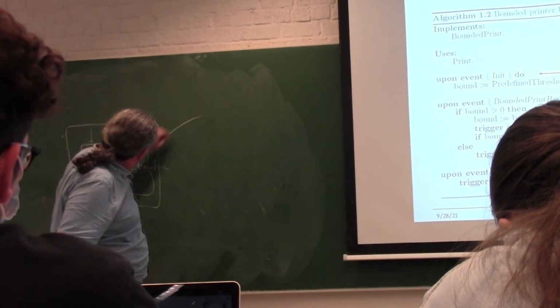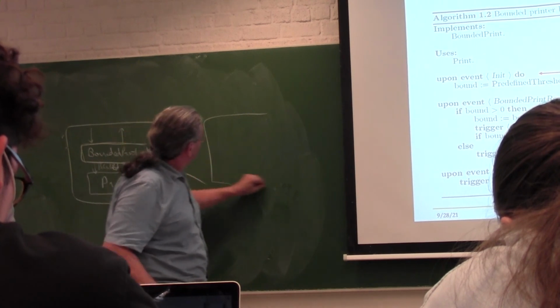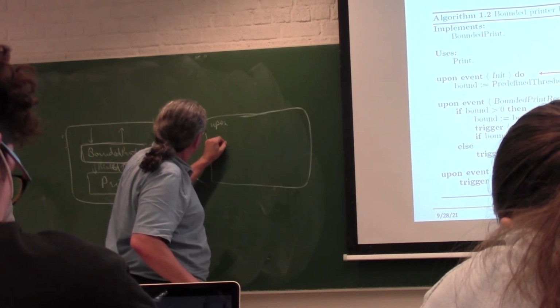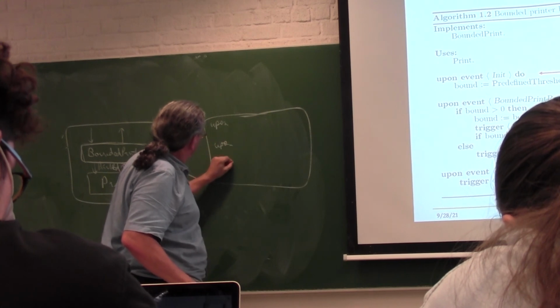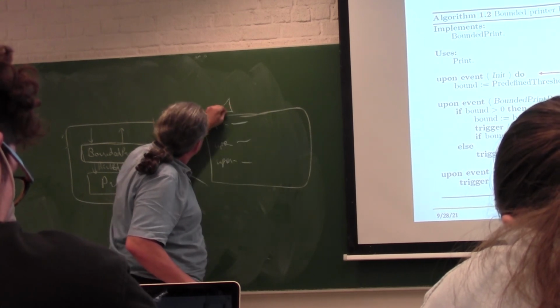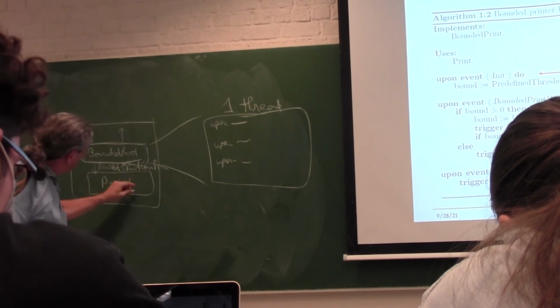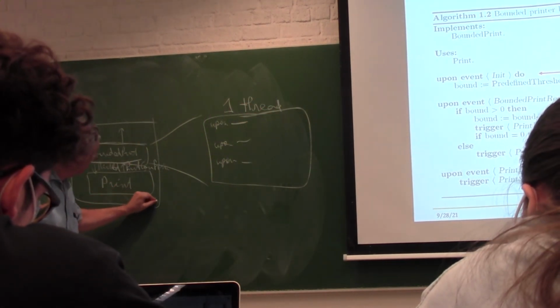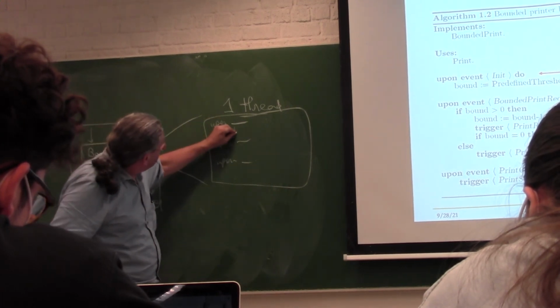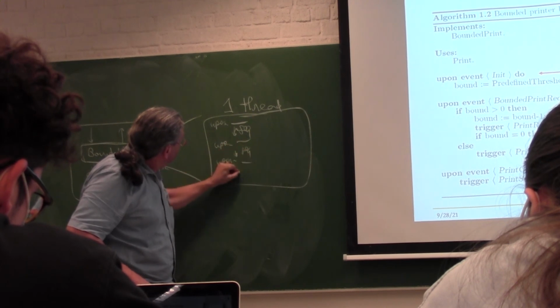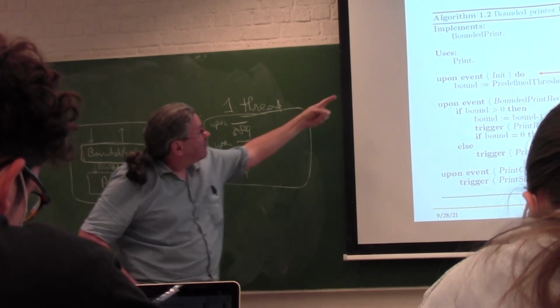You can have multiple upons inside, and inside this thing you have one thread. This print also is one thread. These pieces of code will execute sequentially, and only one of them executes at a time.